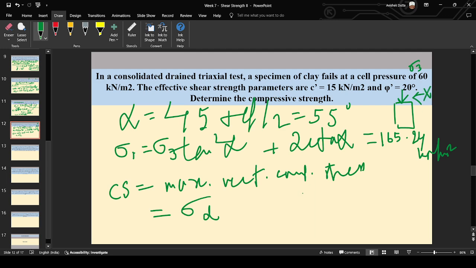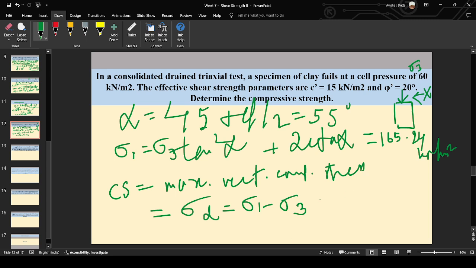So sigma d, the deviatoric stress, the axial stress only, equals sigma 1 minus sigma 3. Compressive strength is a parameter found in uniaxial testing, so we should always remove the confining pressure.